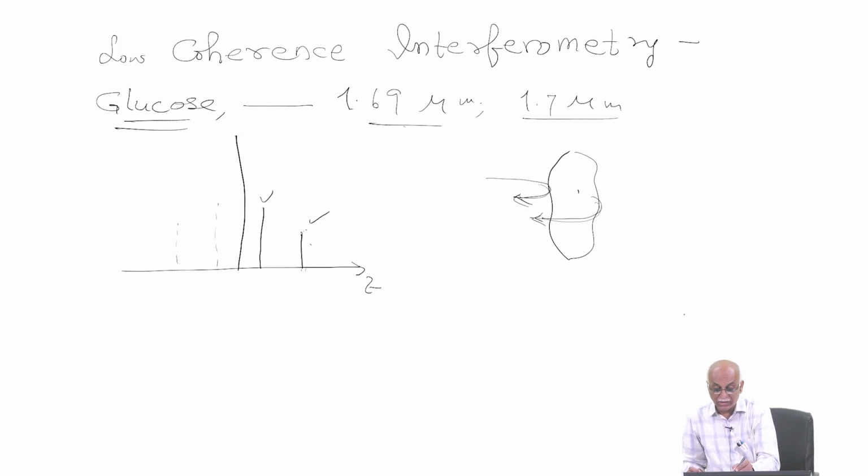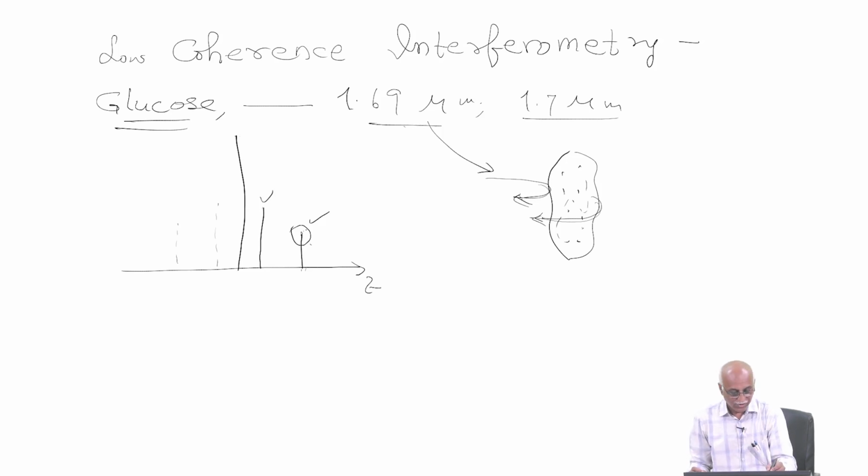But in the presence of glucose molecules, what we will see, there will be some absorption coming into the picture, because this is the wavelength matching with the glucose absorption, and due to the absorption phenomena, this peak will decrease.